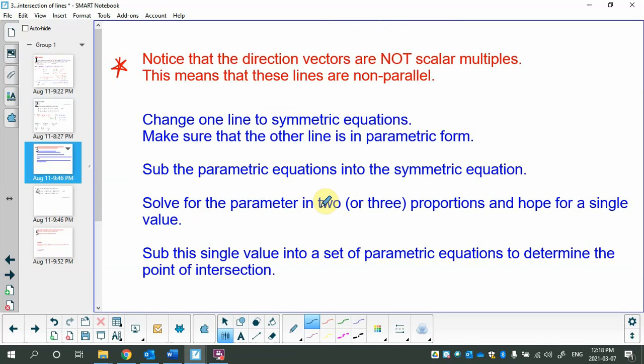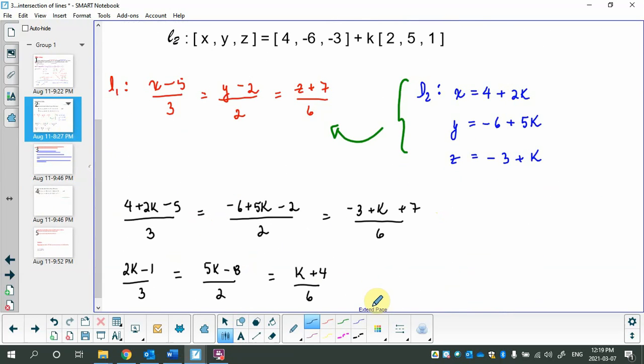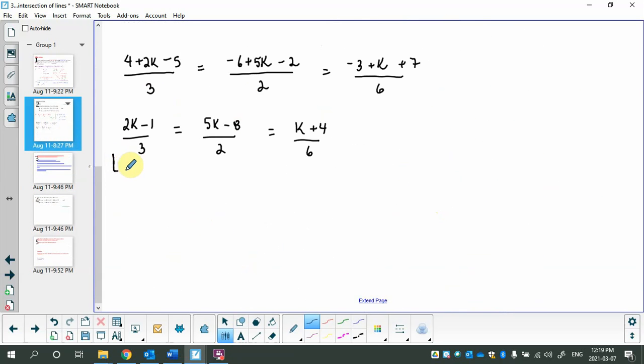Solve for the parameter in 2, or if you've got extra energy, 3 of these proportions, and hope for a single value. So what I'm going to do is take these two, because they're right smack dab beside each other, and I'm going to cross multiply, and I'm going to try to get k by itself. And then I'm going to take these two and do it again.